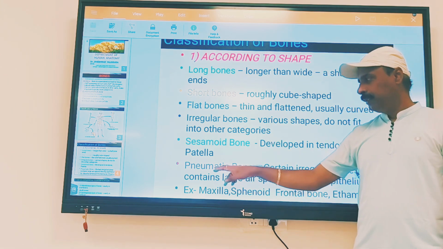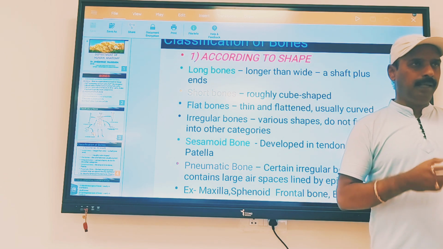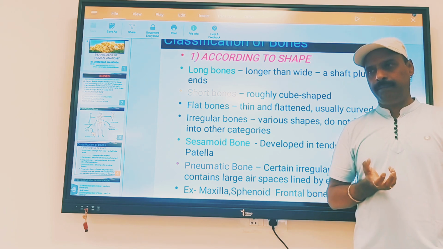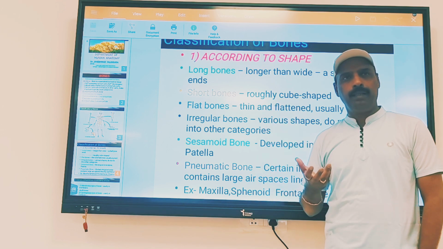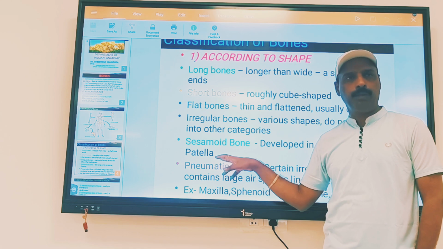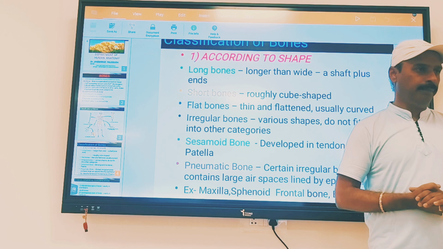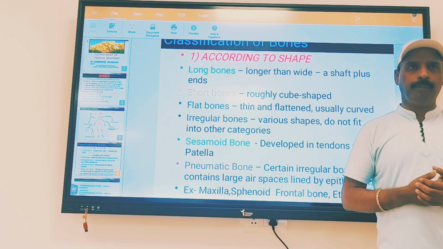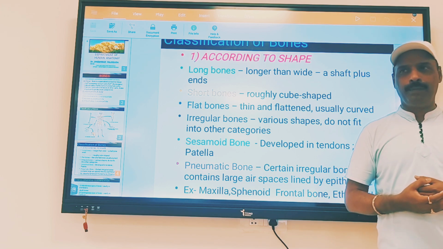Pneumatic bone: this word itself gives you the idea. Pneu means air. Some bones have air-filled spaces. You can understand these according to the name. Means air is present inside the bone, whereas normally bone marrow is there inside the bone.